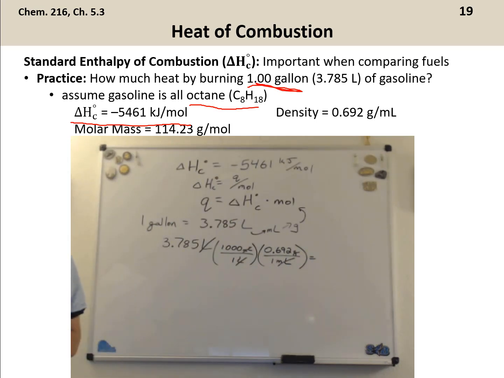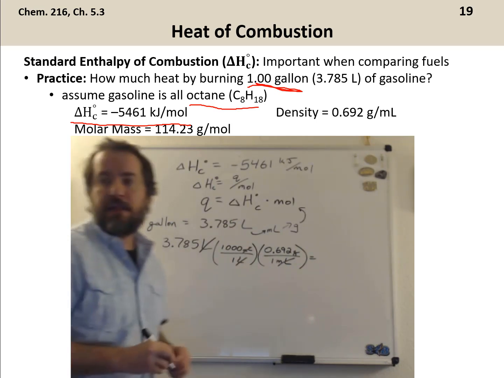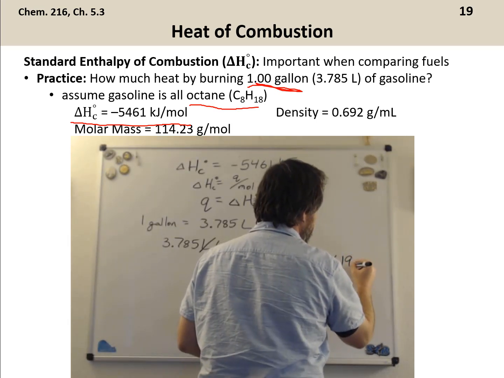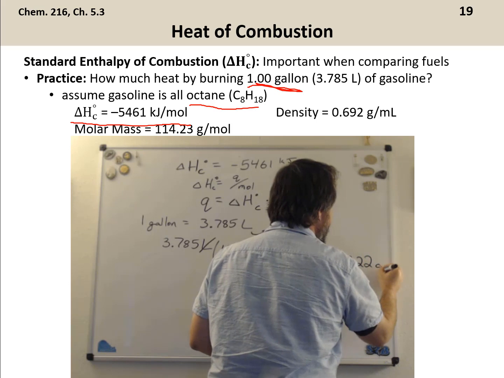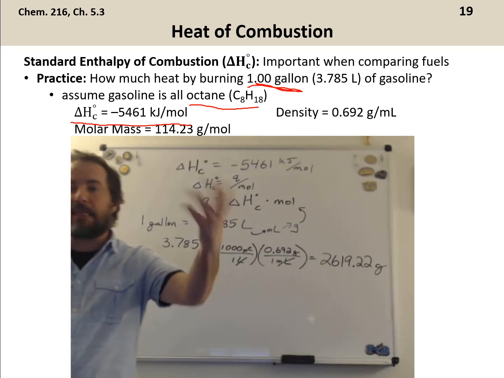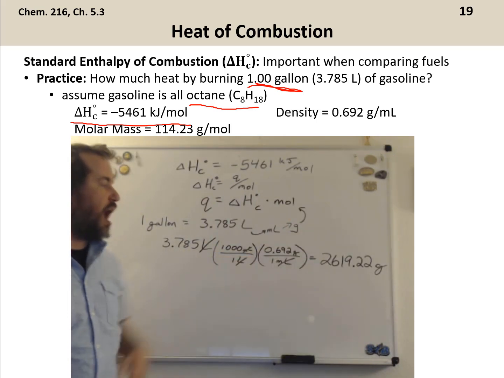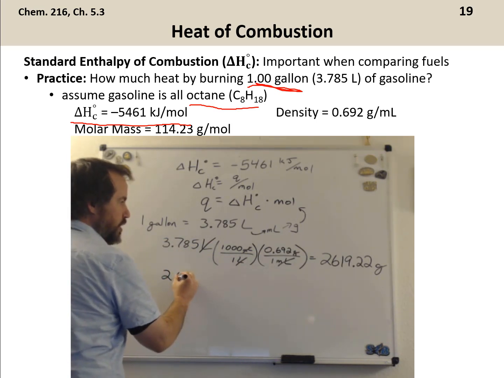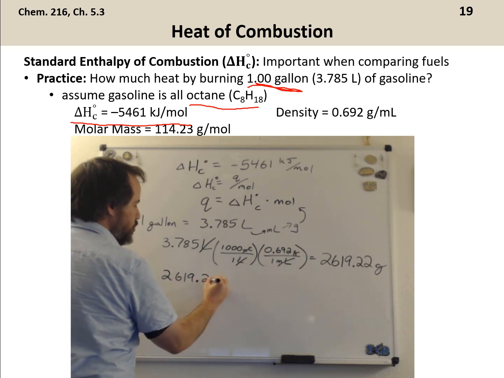So that's going to give us the amount of grams. This ends up being 2,619.22 grams. I'm going to go ahead and leave some extra digits because I'm not at my final answer yet.